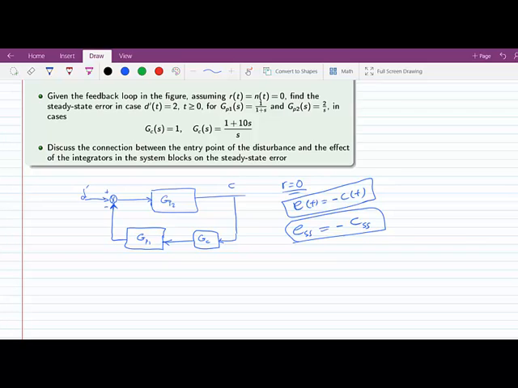So we can find out the transfer function from d prime to c. C will be given as Gp2 over 1 plus Gp2 Gp1 times Gc, the controller, times d prime of s.